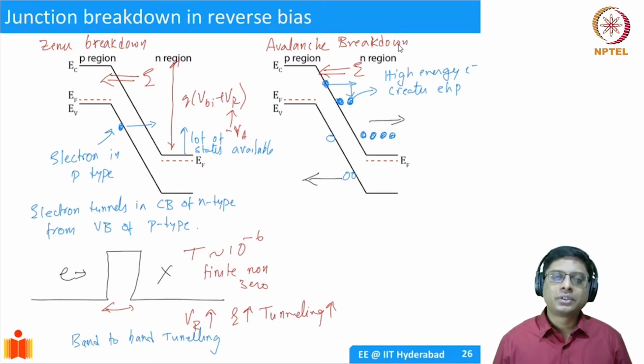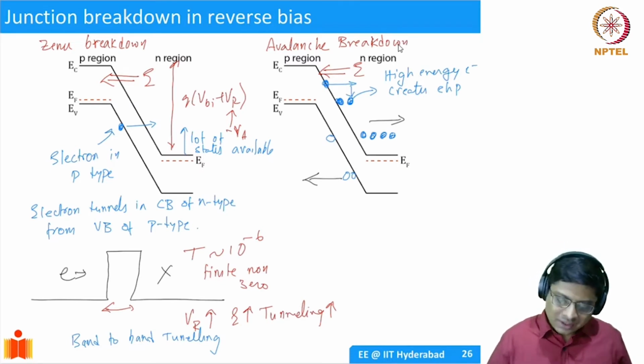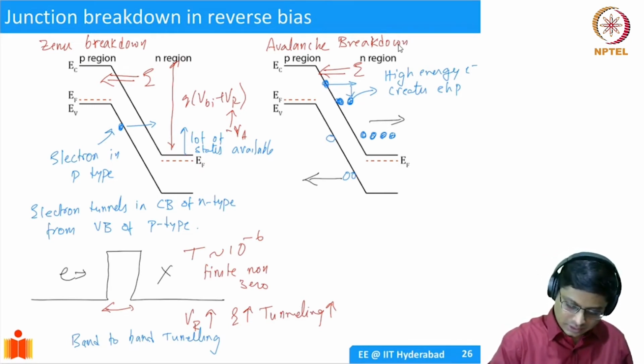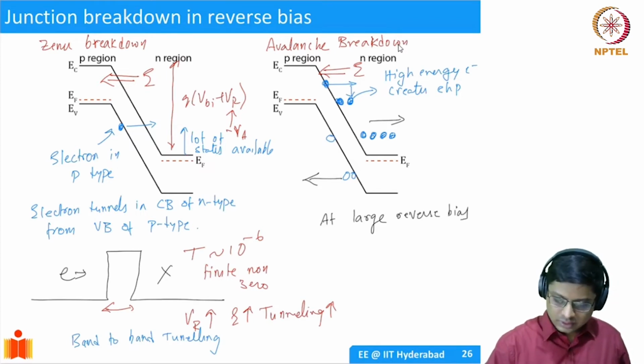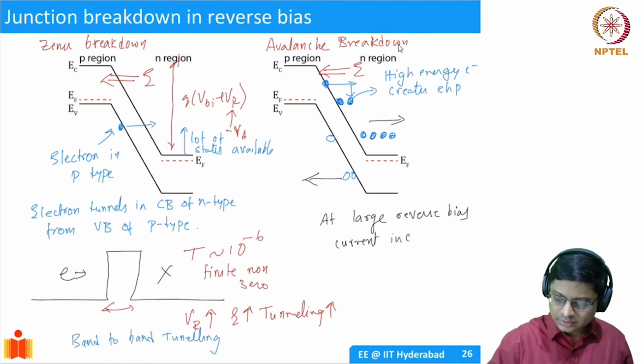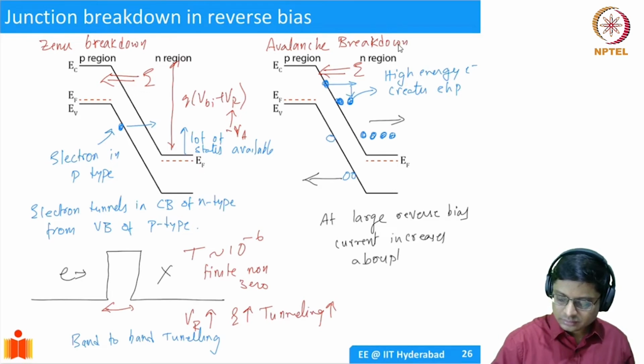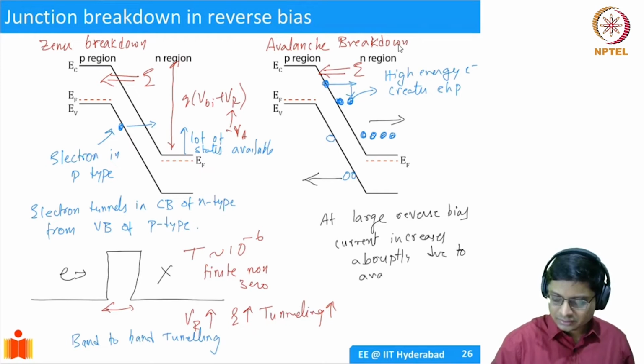Okay, so if you have a large reverse bias, at large reverse bias, current increases abruptly due to avalanche multiplication.